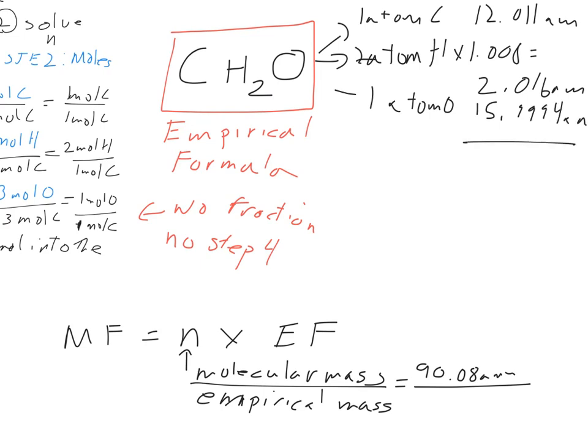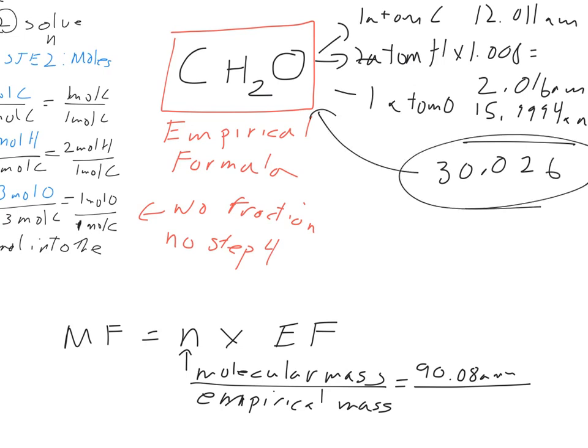So we add that together, 12.011 plus 2.016 plus 15.9994, and we get an empirical mass of 30.026. So that's the mass of the empirical formula.